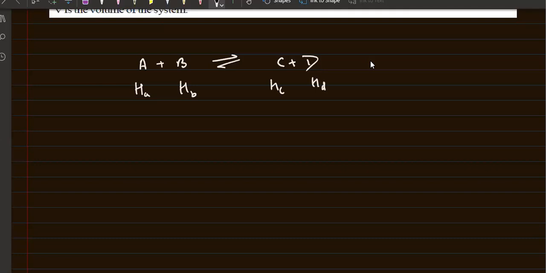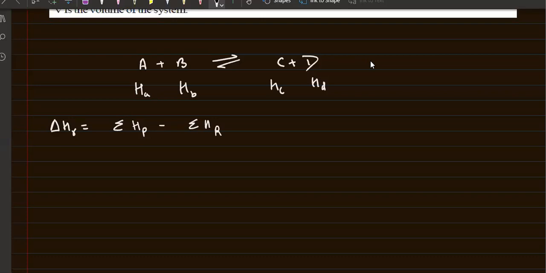So if I talk about the total energy of a reaction, delta H of a reaction, tell me what it will be, because we have already studied this. Yes, very good. So delta H of a reaction is always the net sum of heat of products minus the net sum of heat of reactants.